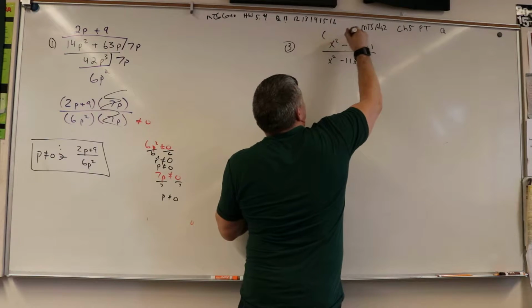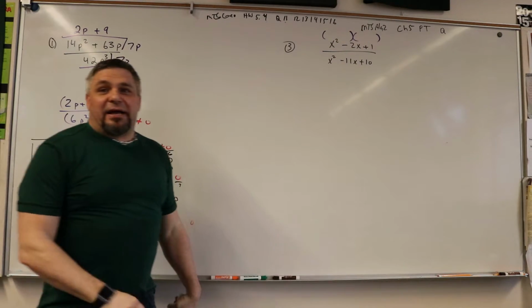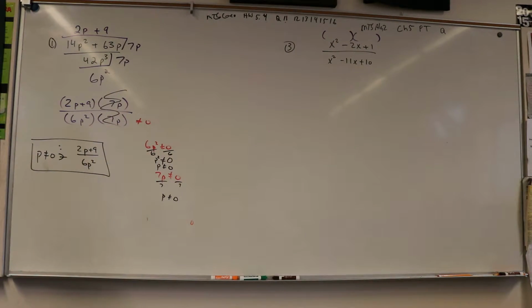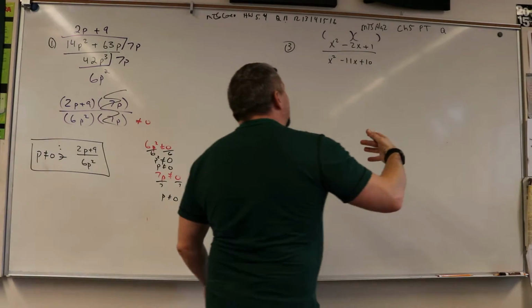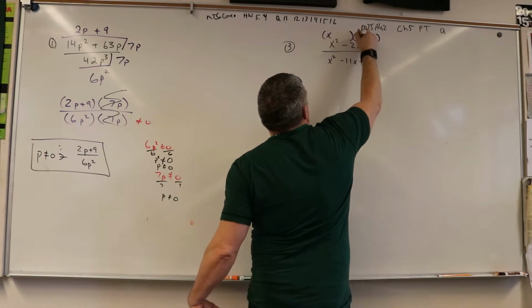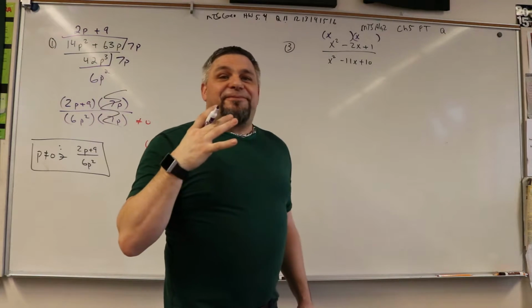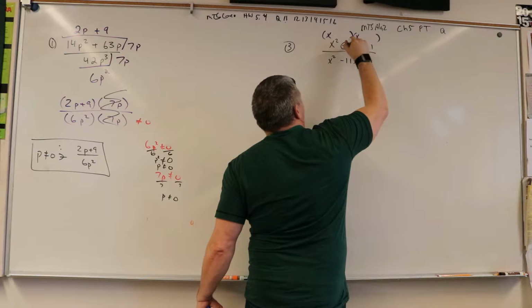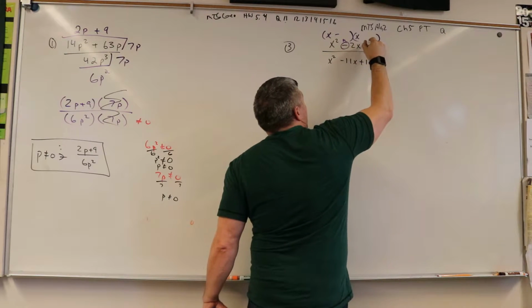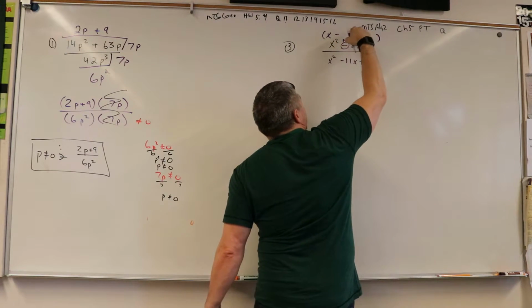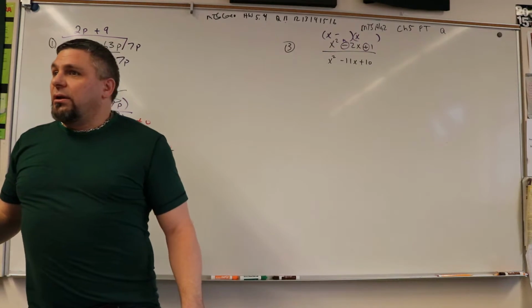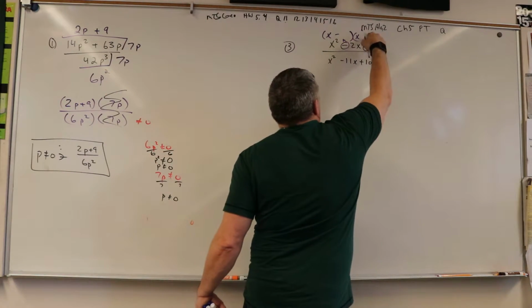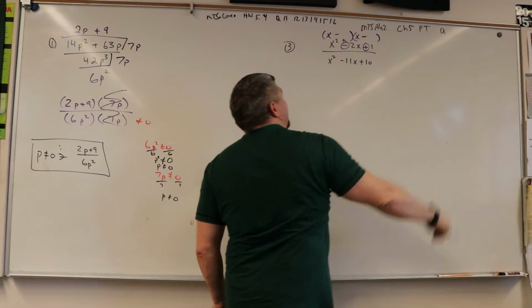Alright, what's next? Break this one down, right? We've got to factor it. This is the easy factoring, guys. This should be just x and x. That first sign is going to go straight up. This sign tells me if they're the same or different. So what are they? Same. So they're both going to be minus.